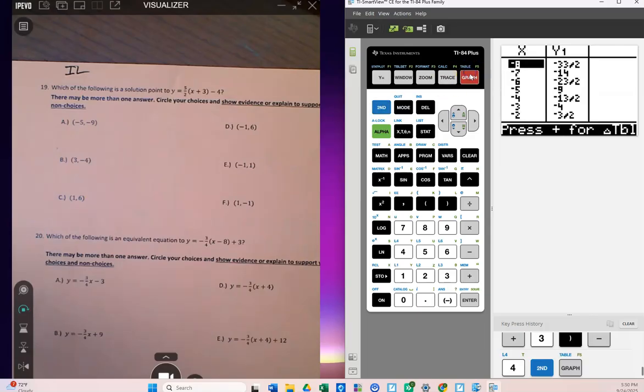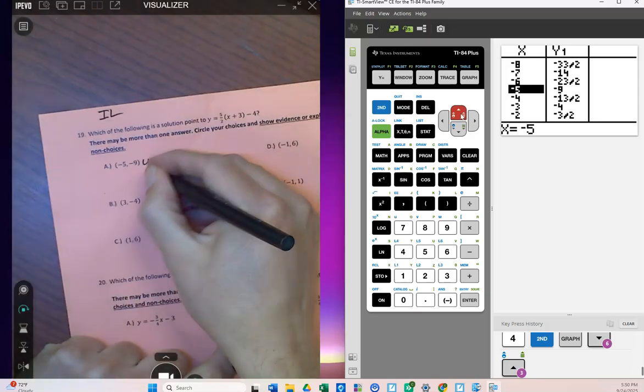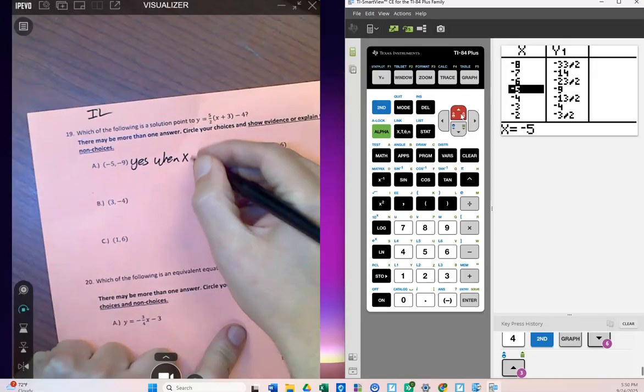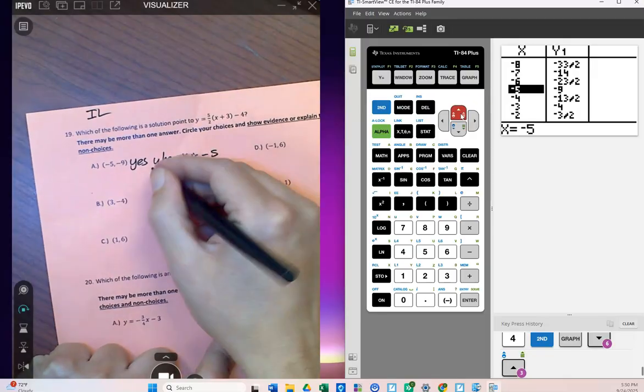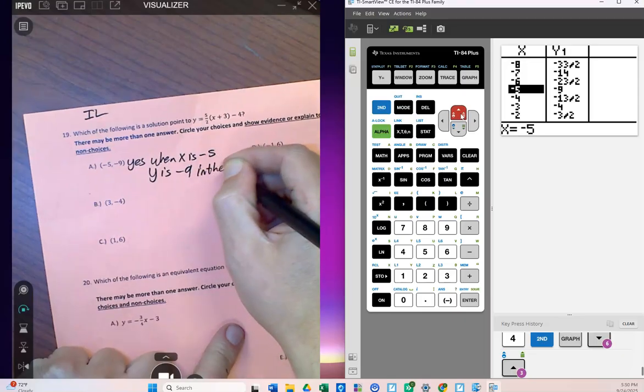Second graph to look at the table. This is all you had to do. There's negative 5, negative 9. Yes. When x is negative 5, y is negative 9 in the function.